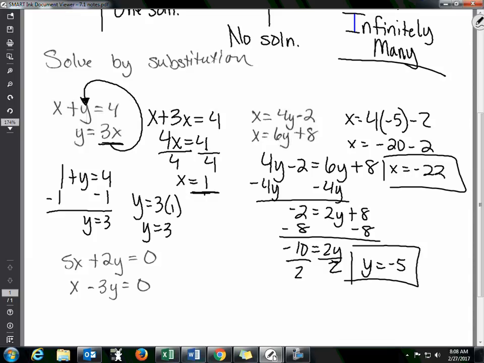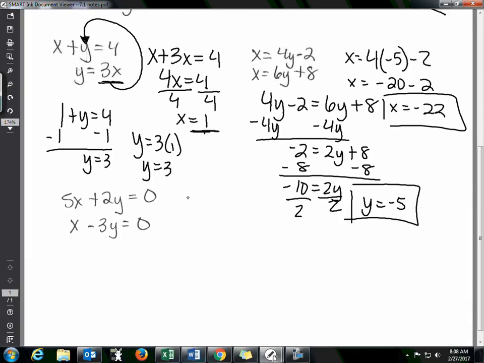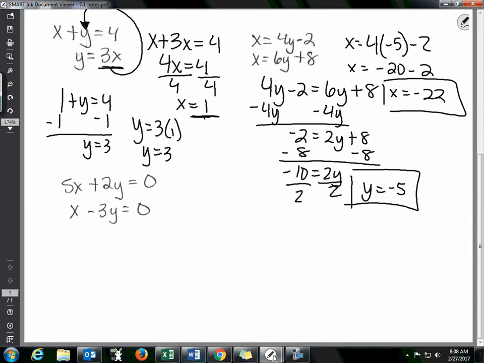right? Something I forgot to mention, we're getting two answers, right? We're getting an x value and a y value. And how your books and a lot of tests will write it is as an ordered pair, right? So this would be negative 22, negative 5.